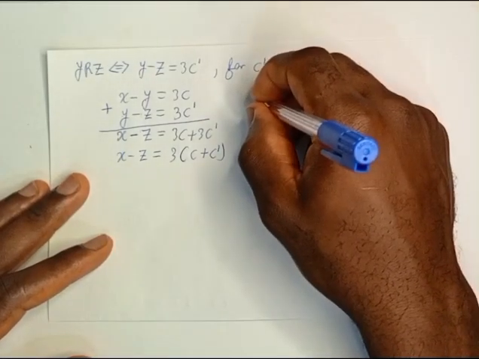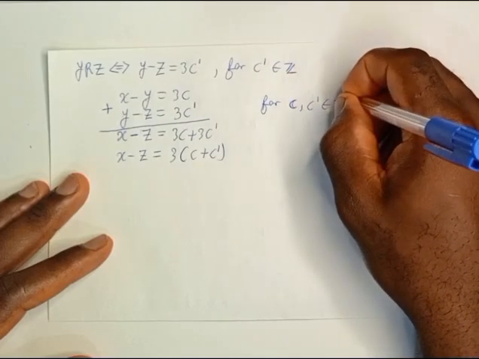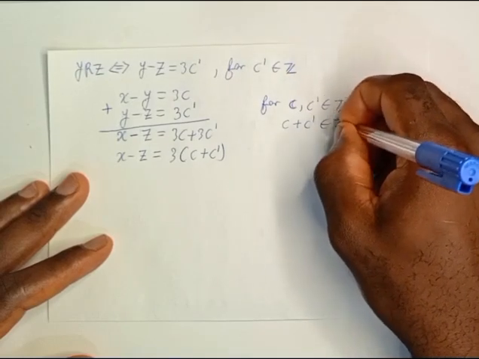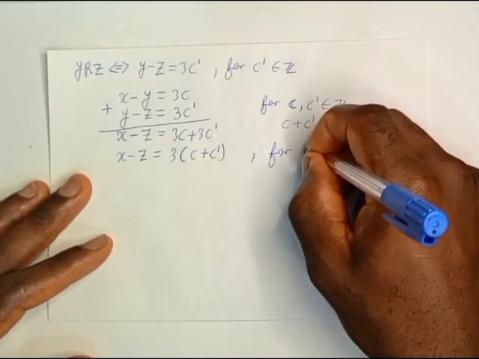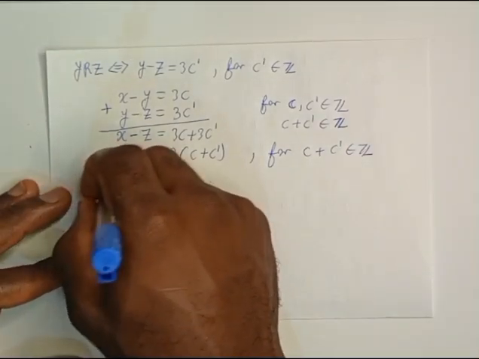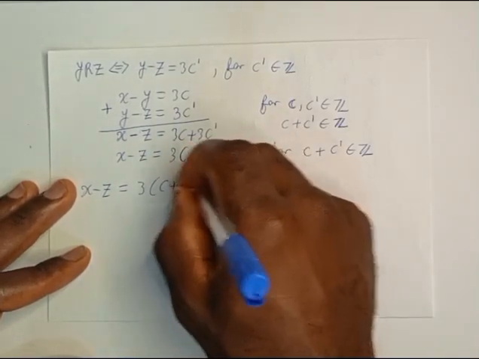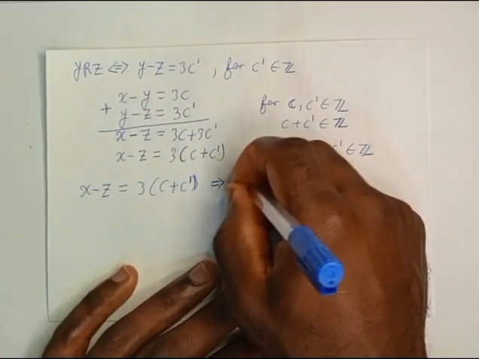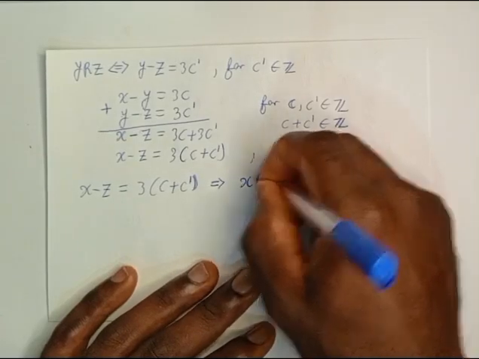Then you must recall this for c, c prime belonging to the set of integers. Then their sum, c plus c prime, must belong to the set of integers, for c plus c prime belonging to Z. x minus z equal to 3 times c plus c prime will simply imply that x is related to z. That's what it means.